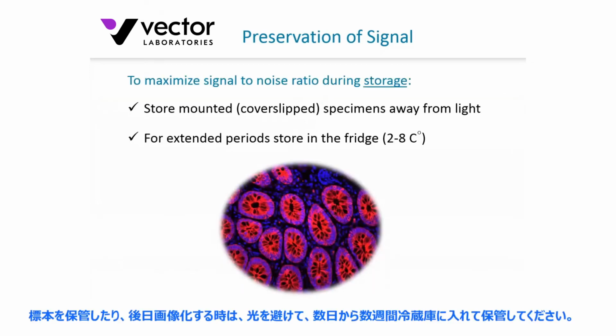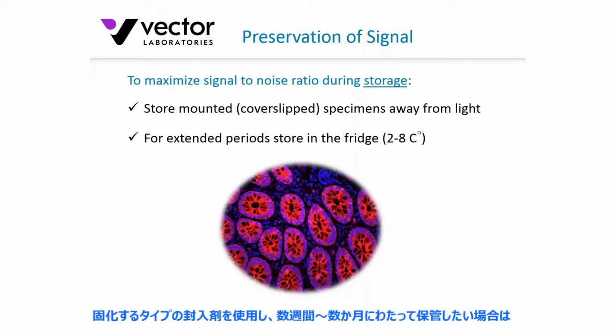And if you were looking to store the material to archive it or image it later on, store it away from the light, and certainly for extended periods, days to weeks, put it in the refrigerator. And if you were using a setting mounting media and you're looking to store that over several weeks or months, I would still highly recommend sealing that perimeter with nail polish or something similar.